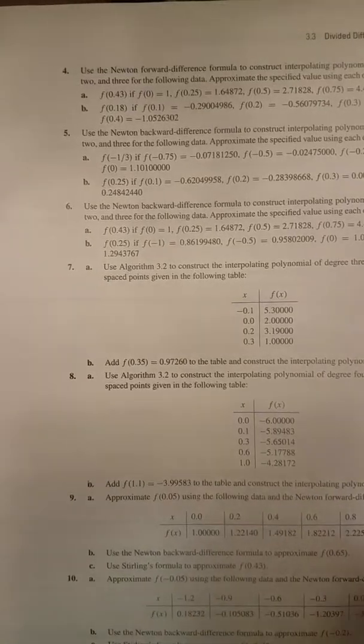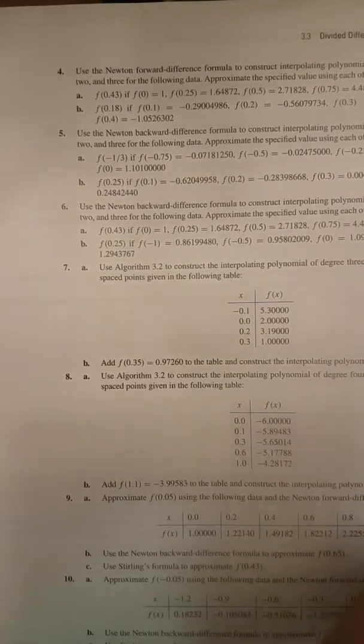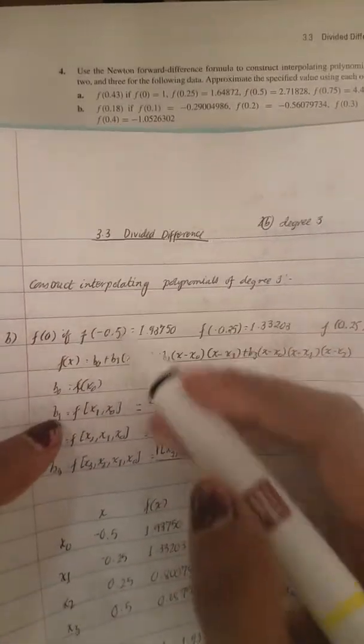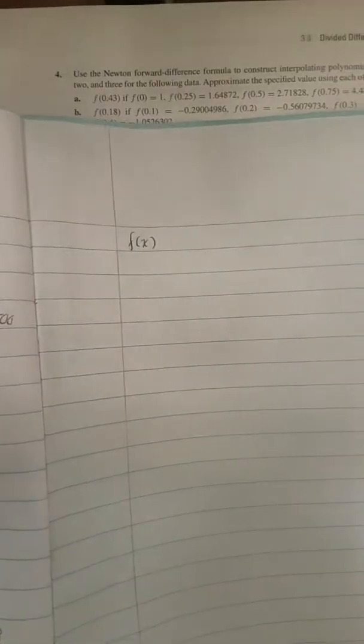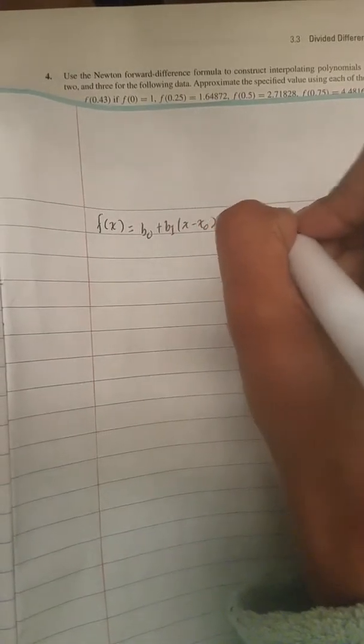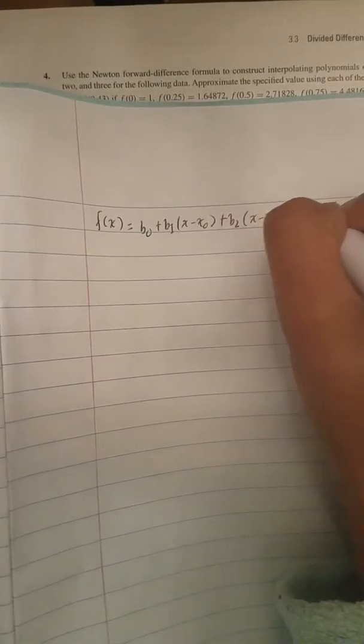So now finally that I have all of this data, I'm going to put everything I got into this, okay? So my formula for f of x will be b naught plus b1 x minus x naught. Pretty easy to remember because you just stop before the one less than the subscript, so b3 x minus x naught.